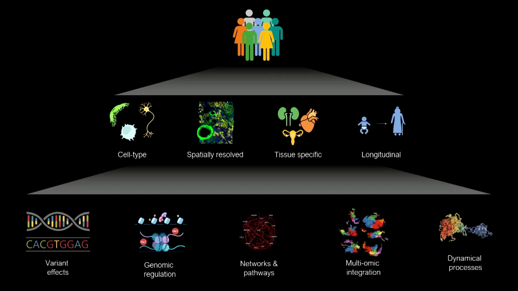And finally, integrating multi-omic analysis. And then more and more, we're starting to think about how we can bring in dynamics into this, although I won't have a chance to talk about this today.